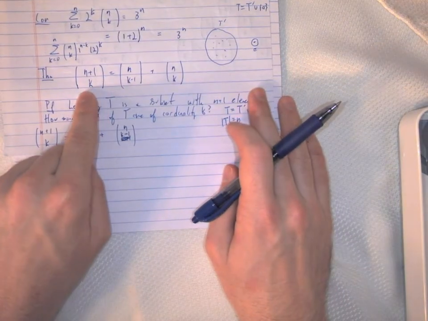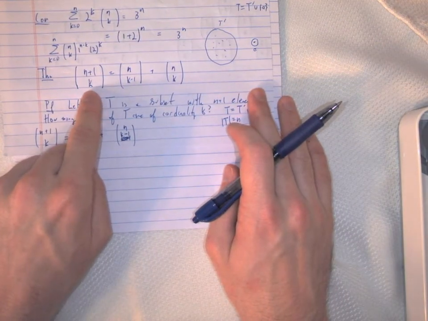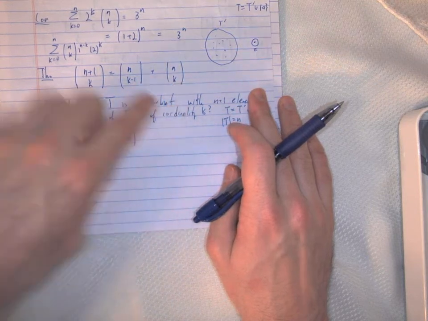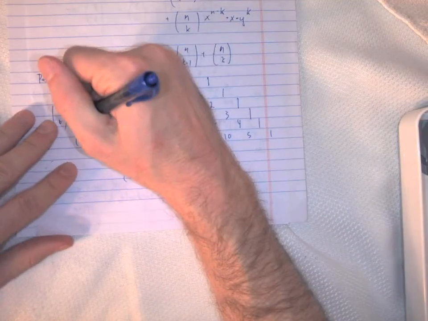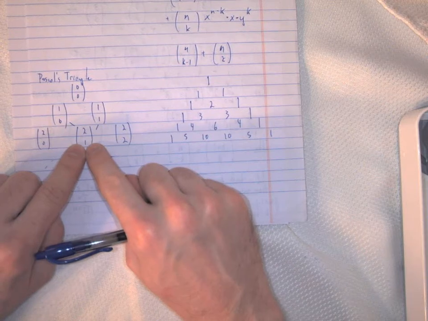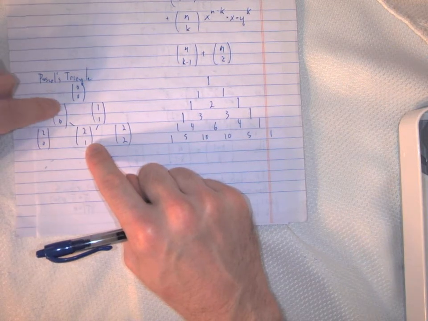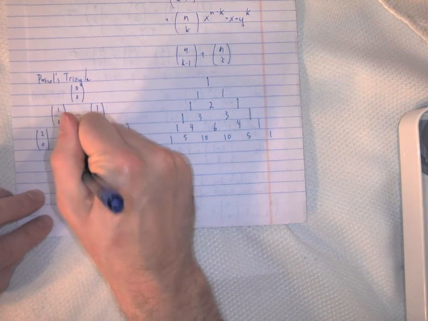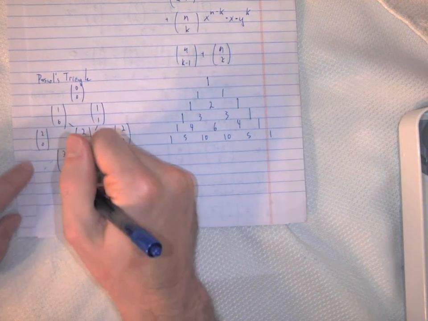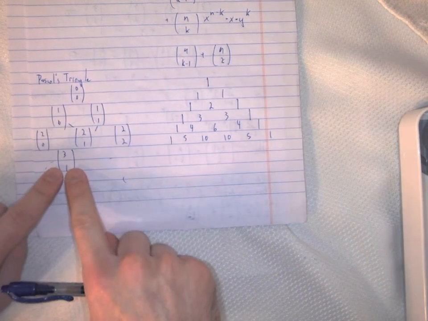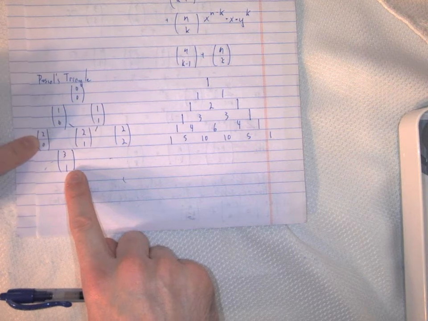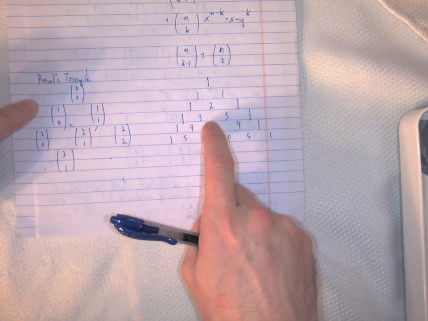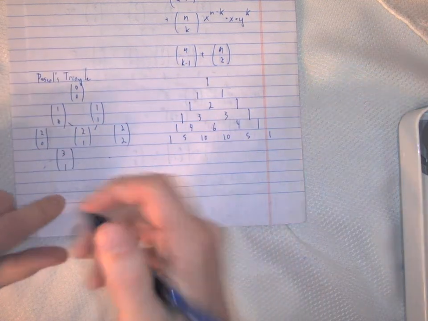This theorem that n plus 1 choose k is equal to n choose k minus 1 plus n choose k, it's exactly what we're seeing here. 2 choose 1 is equal to 1 choose 0 plus 1 choose 1. If I look here, this is going to be 3 choose 1. 3 choose 1 is exactly equal to 2 choose 0 plus 2 choose 1. And so on and so forth.